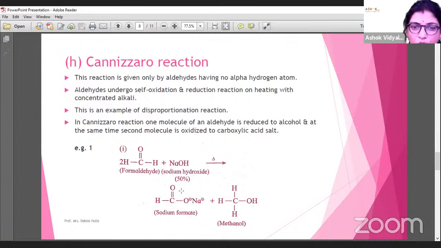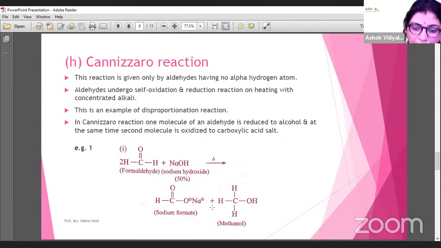This is sodium formate. Means there is formation by oxidation and also reduction, so it is known as self-oxidation reduction reaction. HCOO means carboxylic salt.